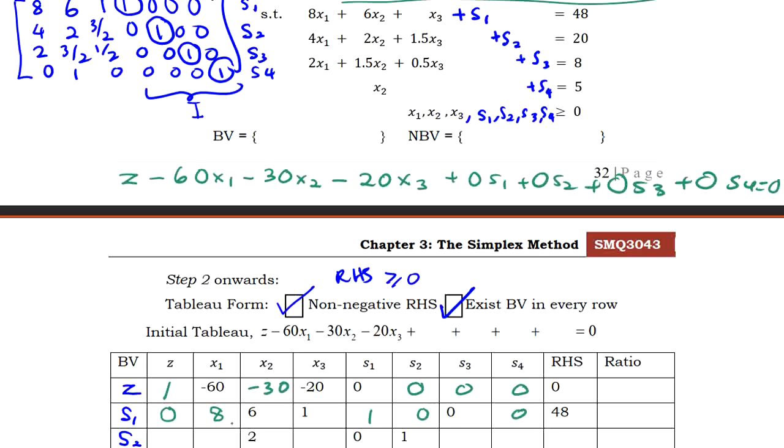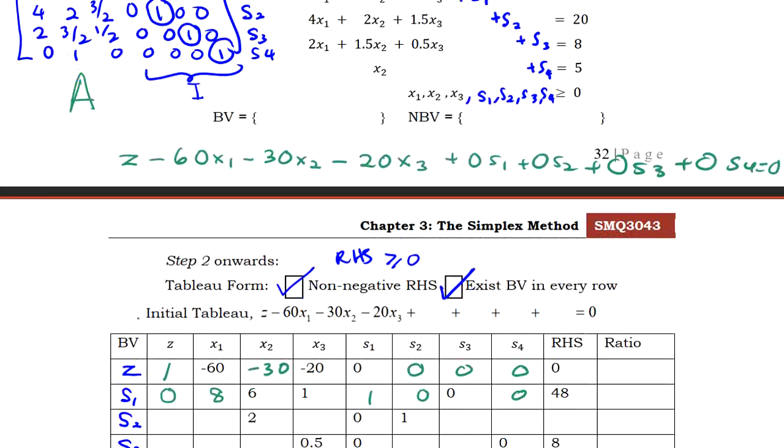We can actually take this from matrix A. Next, 0, 4, 2, 3 over 2, and then 0, 1, 0, 0, 20.